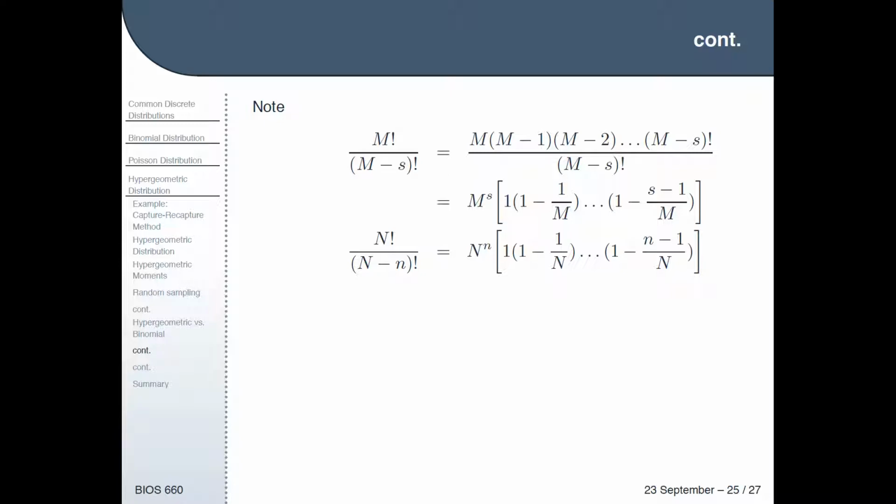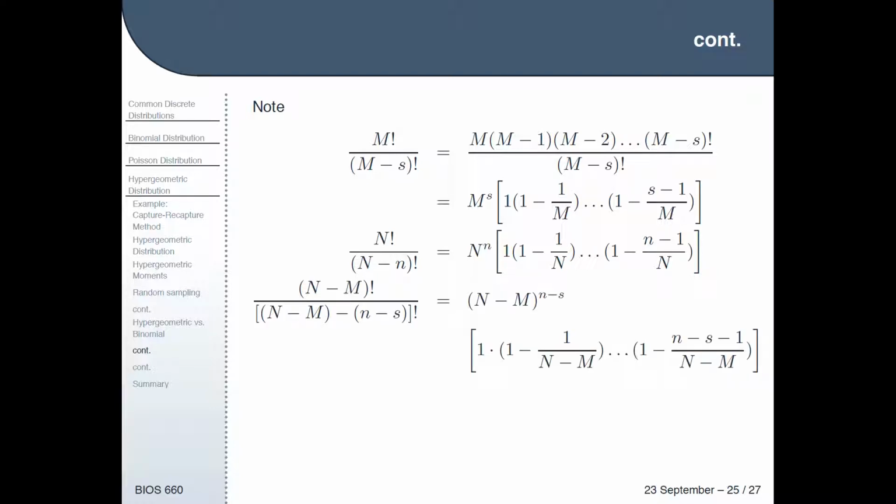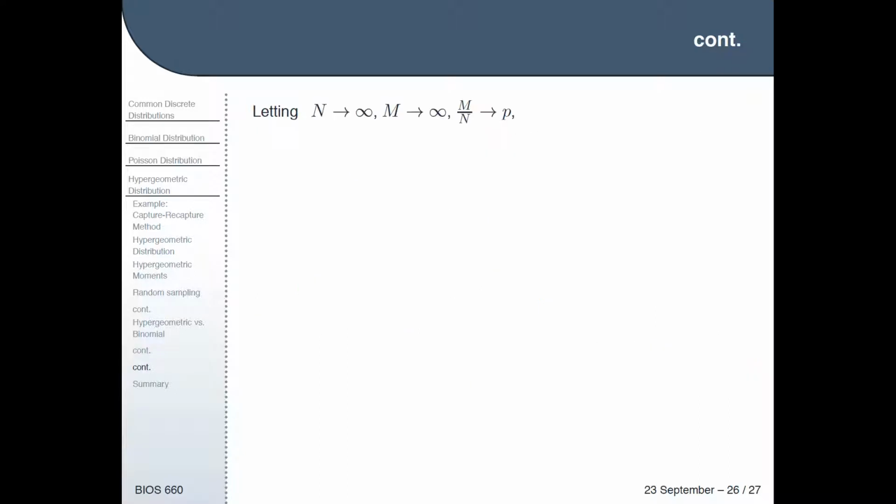Similarly, we can show that N factorial over N minus n factorial is N to the n power times 1 minus 1 over N, etc., using exactly the same logic as above. And once again, using analogous logic, we can get that N minus m factorial over N minus m minus, in parentheses, n minus s, is N minus m to the n minus s times all this stuff. Hopefully you see the pattern by now.